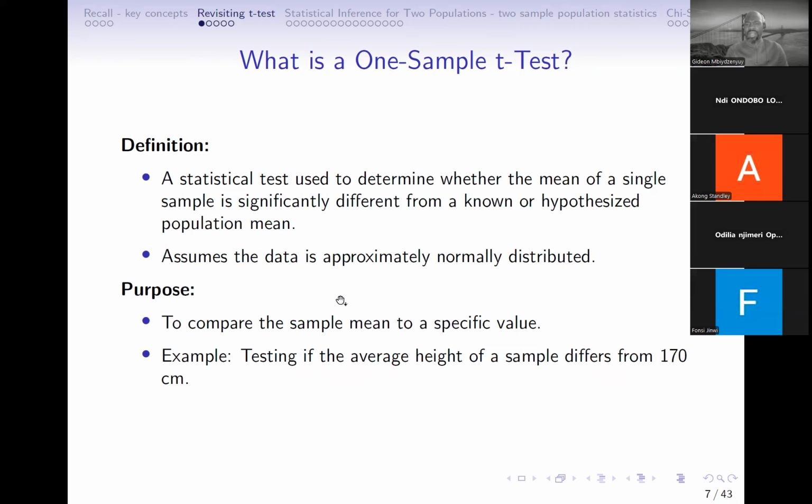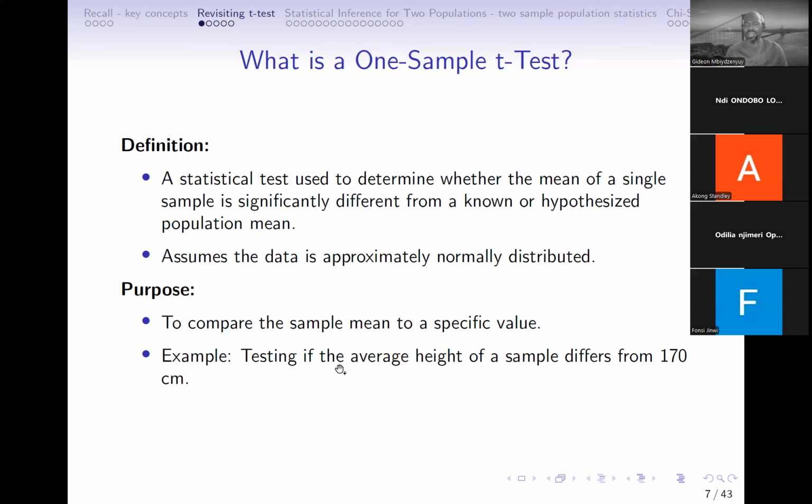Maybe 170 centimeters is a claim that we are making about the population. And then we select a sample, and we want to test whether that sample meets that requirement or not. We call that the null hypothesis, a claim about the population that we want to verify.